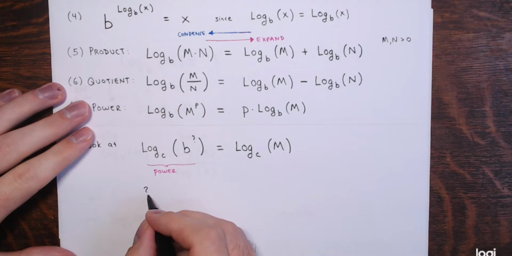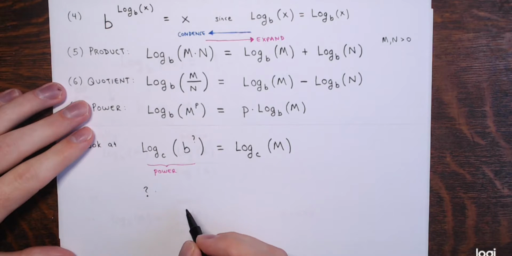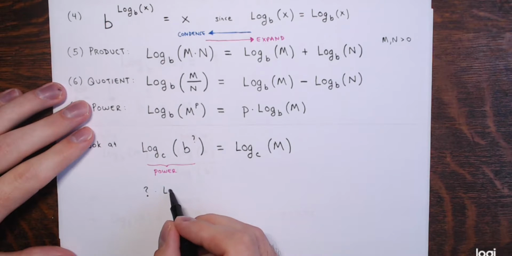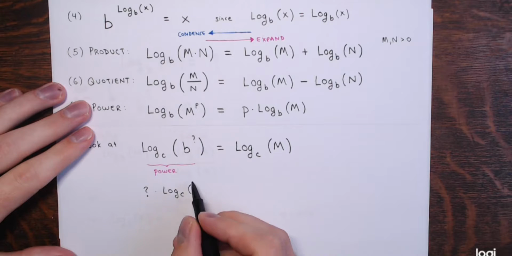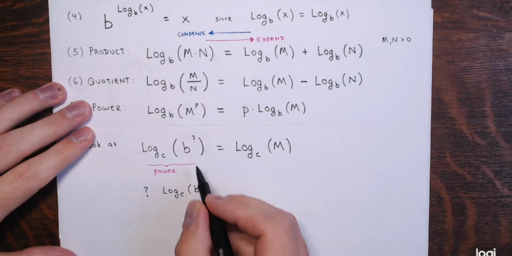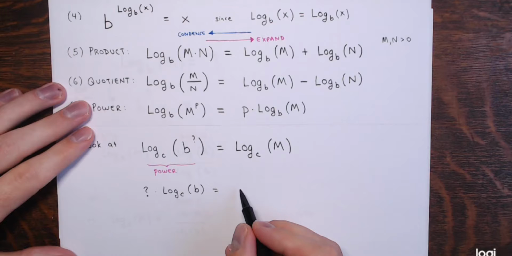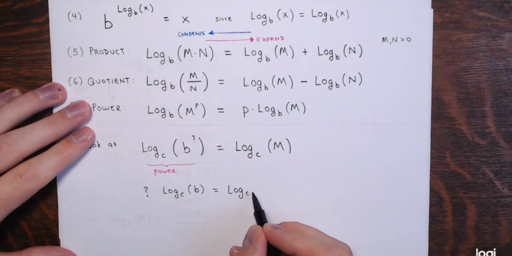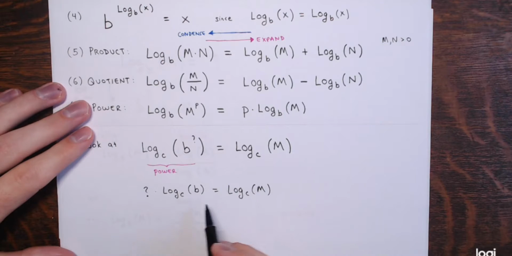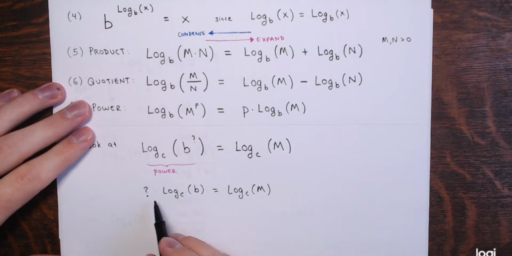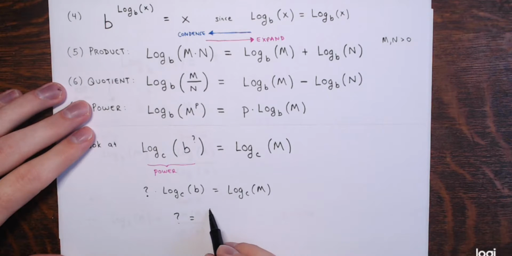We get the question mark times the log base c of b. The power got pulled out, equals the log base c of m, and then I would divide both sides. To get the question mark alone, I would just divide by this logarithm. So we have the log base c of m divided by the log base c of b.